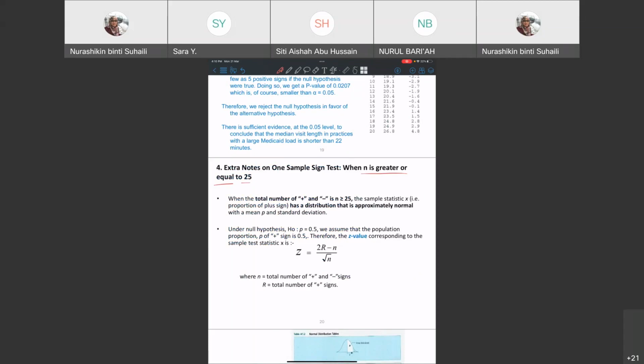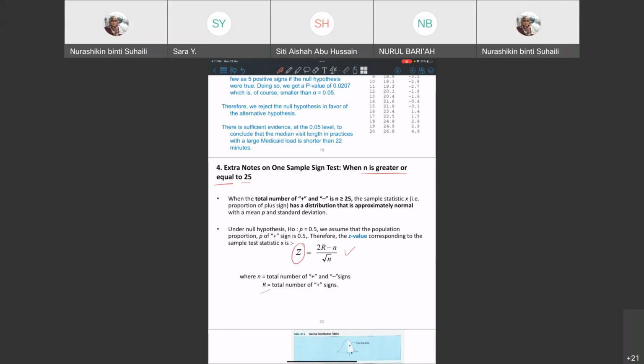So what you have to do, you have to find the z value by applying this formula. The n is the number of samples with the positive and negative signs. The r is the total number of positive signs.